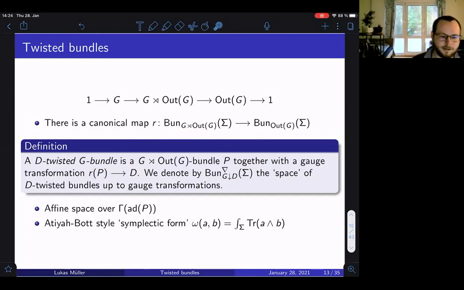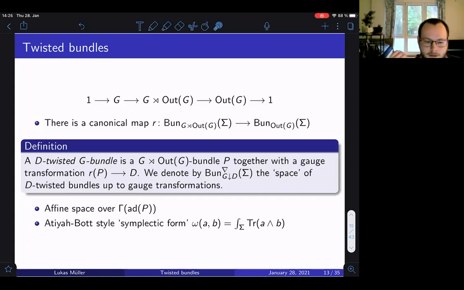And then formally, one can note that if I now have such a twisted bundle, the space of connections is an affine space over the sections of the adjoint bundle, now adjoint to P, but the Lie algebra is still the same because the identity component of the larger group looks the same as the one of the smaller one.